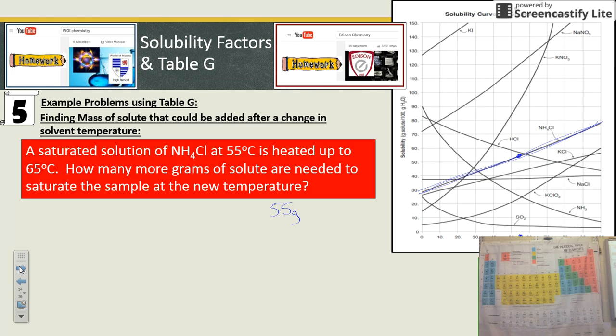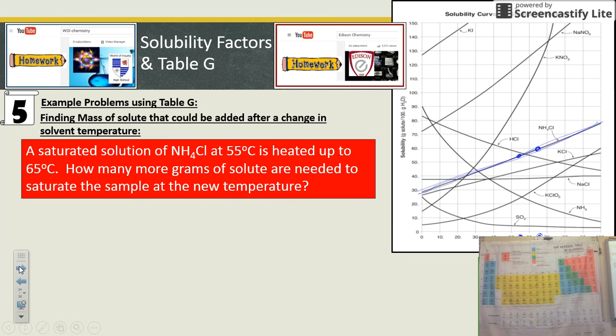And it's heated up to 65. So you increase the temperature by 10 degrees. Now at 65, it looks like 60 grams of material would dissolve. So 60 grams minus 55 grams means you could add 5 grams more. As you increase the temperature, you can add more solute. So at the higher temperature, you take away the lower temperature solubility and you find the difference again.